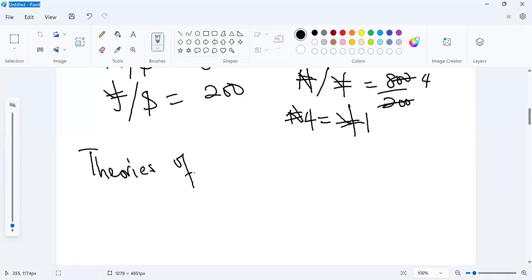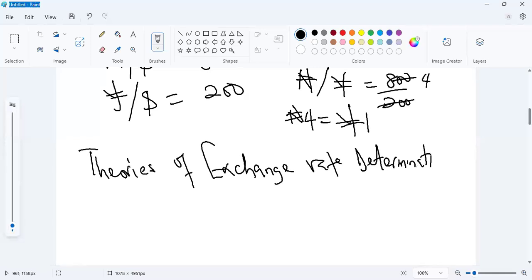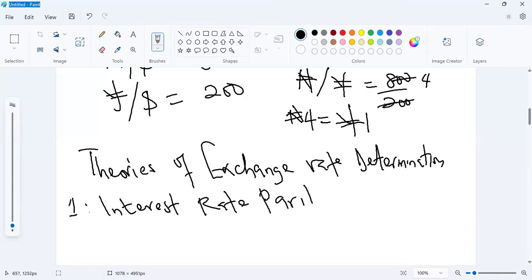Theories of exchange rates. One, we have interest rates parity.